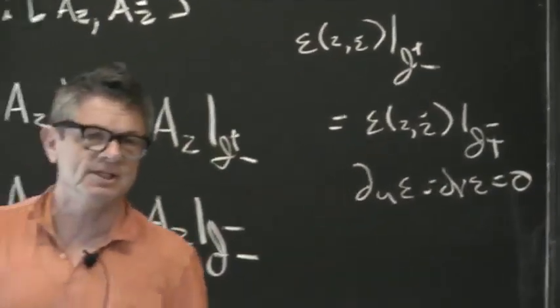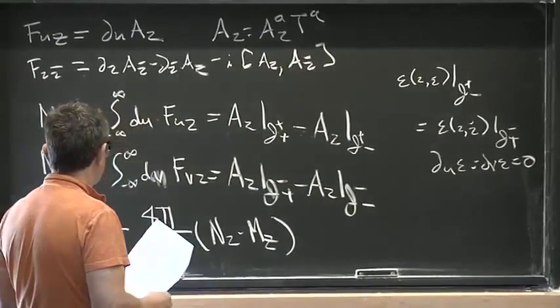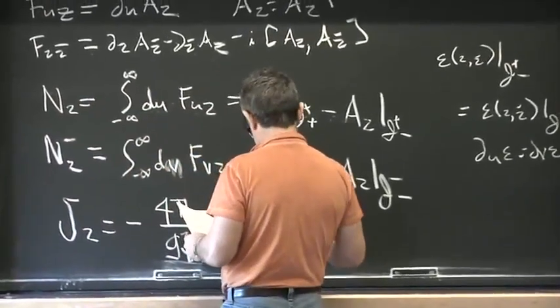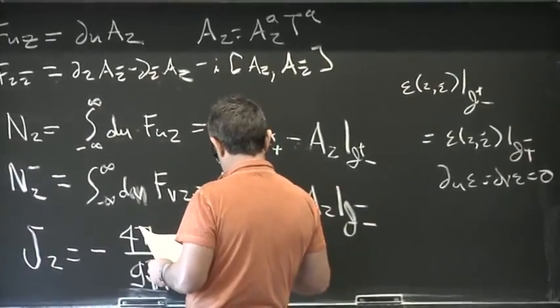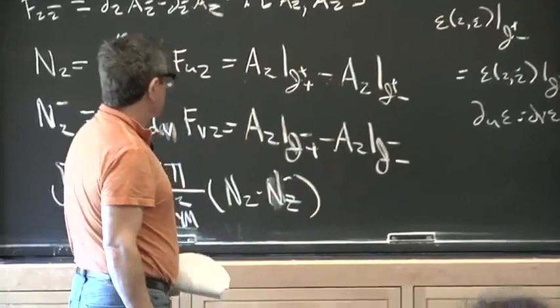So just like the Abelian case, except that now everything is a matrix. Yes? That M_z should be N minus. N minus, yes.